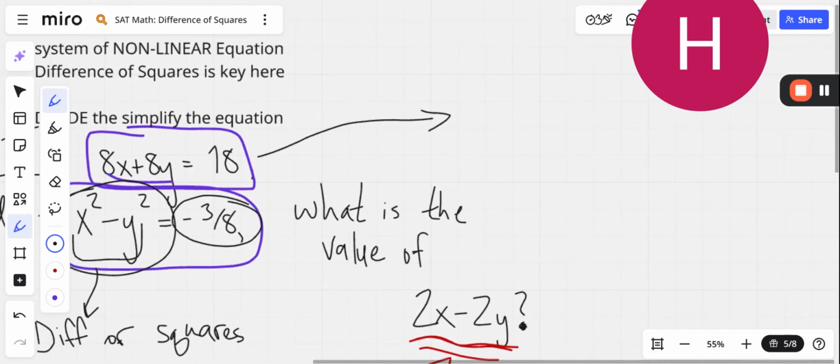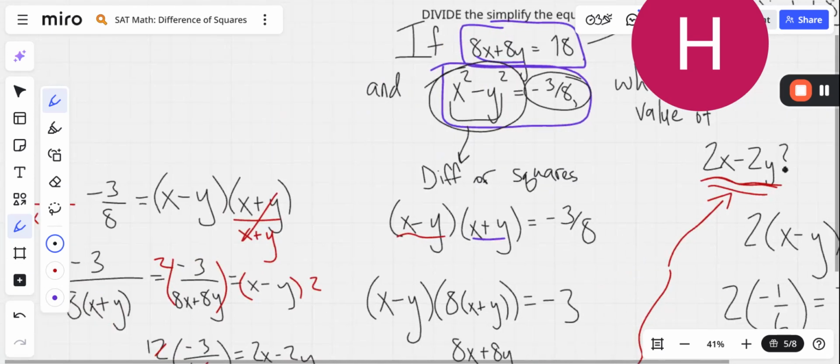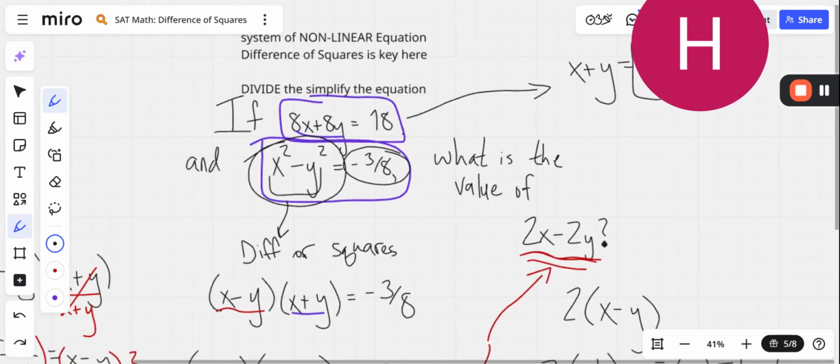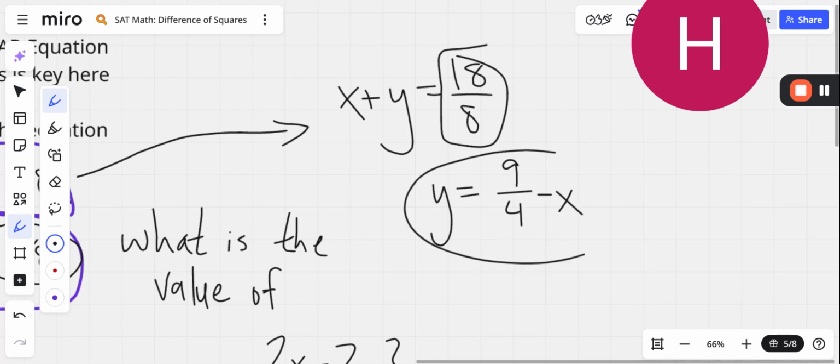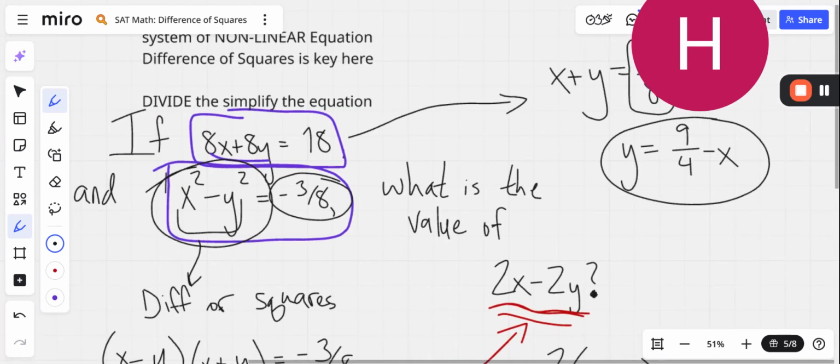You could say something like x plus y equals 18 over 8. And then you can, of course, plug that in for your x plus y here. Or if you'd like to go even further, you could say that y equals 18 over 8, which is 9 over 4, minus x.